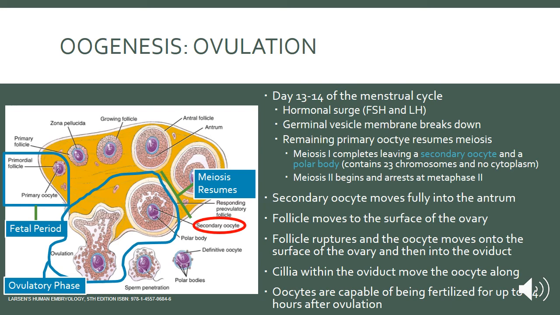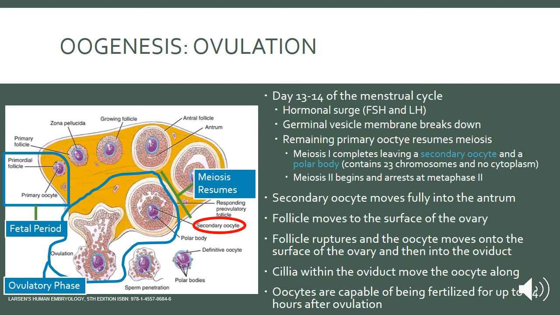As meiosis 1 completes, the primary oocyte becomes a secondary oocyte and a polar body, which is essentially just a little packet of chromosomes, the chromosomes that the ultimate future egg is not going to need, remembering that we're not going to make 4 separate gametes for oogenesis, just the one.